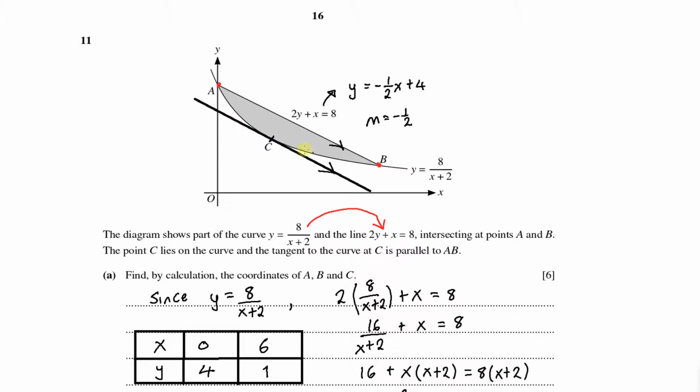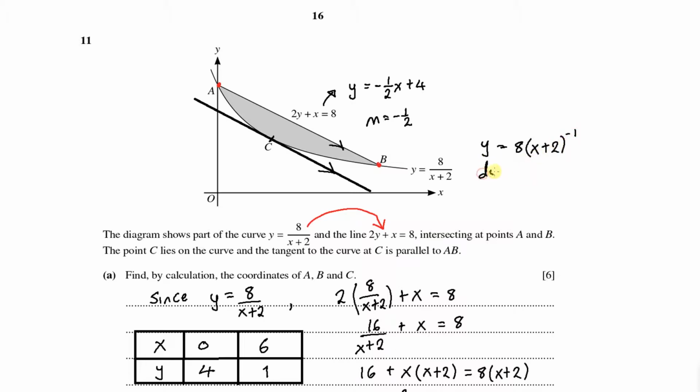We can also make use of the gradient function of the curve. Since y is equal to 8 over x plus 2, we can actually work out the gradient function. So y is equal to 8 over x plus 2 is 8 times x plus 2 to the power of minus 1.